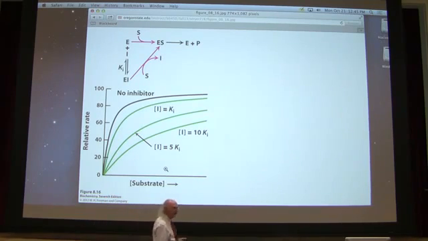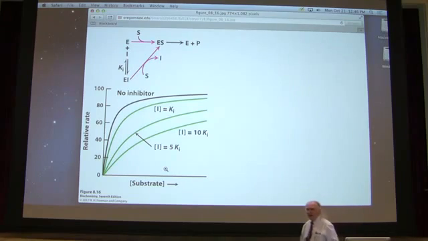On the other hand, if I look at the Km value, is the Km value going to remain the same, or is the Km value going to be different? It's moved to the right. Here's maximum, here's 50%. There is the Km for the uninhibited, and for the green one, it's going to be further to the right.